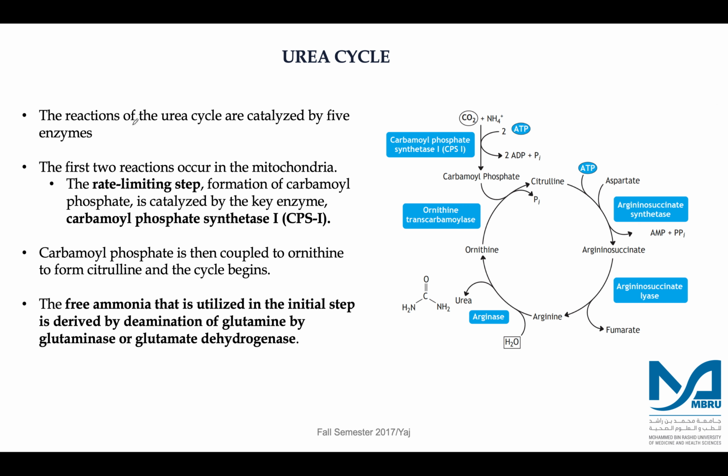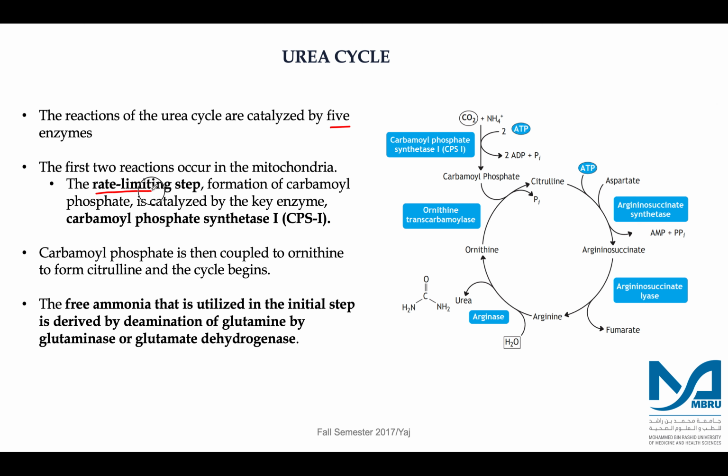So as I mentioned, the urea cycle consists of 5 reactions catalyzed by 5 enzymes. The first 2 reactions occur in the mitochondria. The first reaction is the conversion of carbon dioxide and ammonia to carbamoyl phosphate.